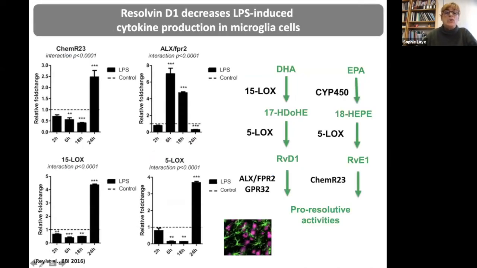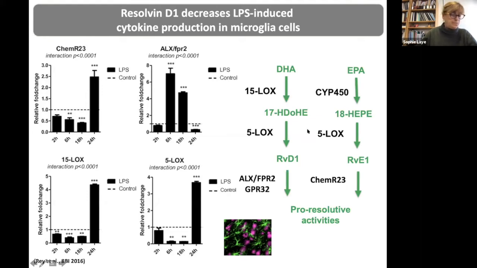And in vitro, so this is a culture of microglia, when we treat the cells with LPS, we found that there is a strong increase in the expression of some of the receptors of those compounds, those oxylipins that we found to be increased in the brain of mice fed with DHA and EPA.